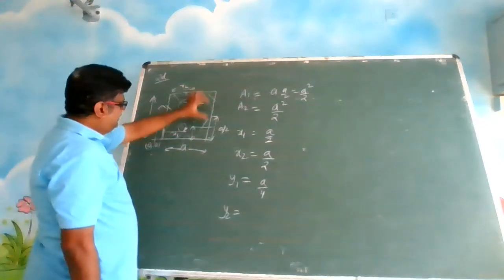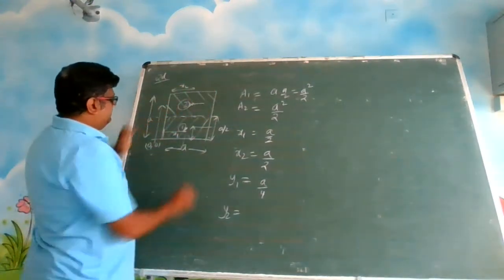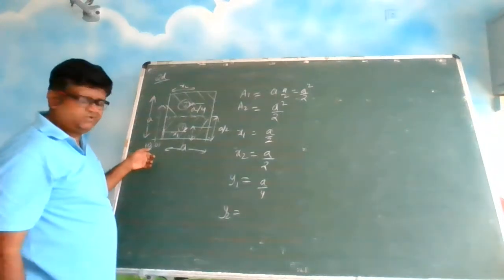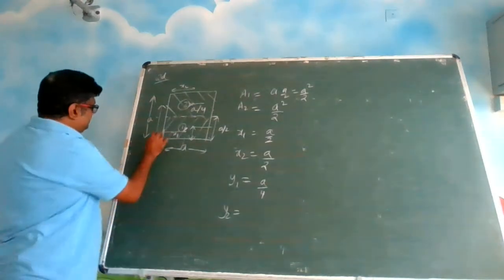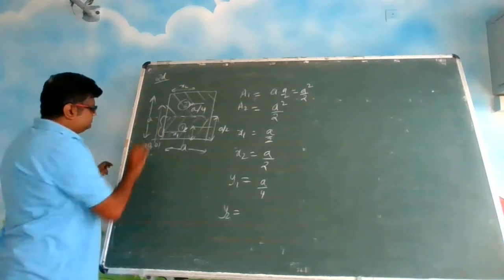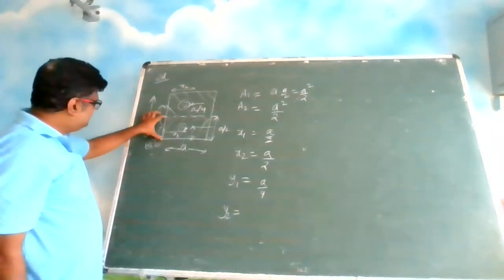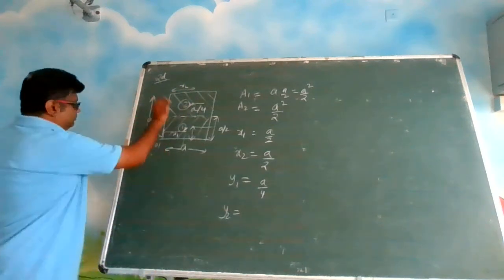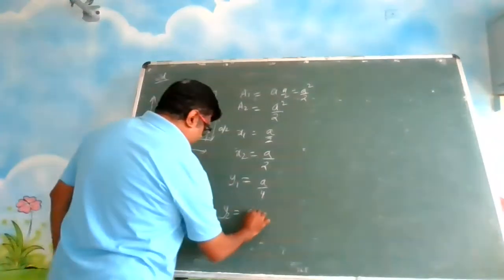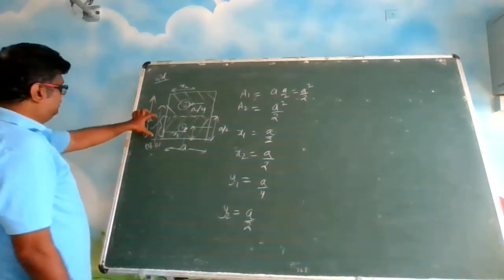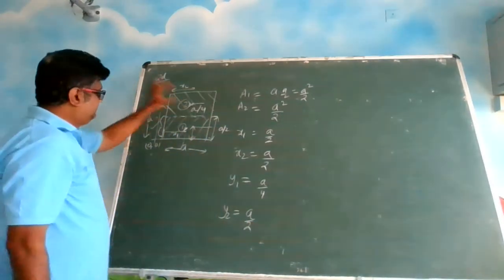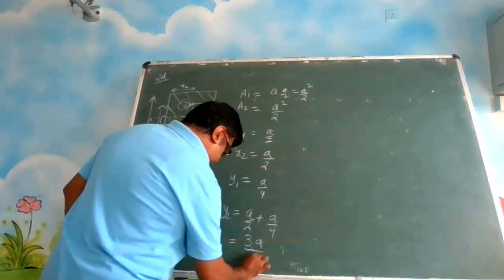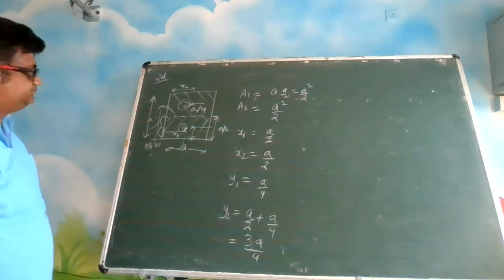So ये A by 2 है, ये A by 2 है, so this will be A by 4. लेकिन हम लोग मेजर कहाँ से कर रहे हैं? तो we are measuring from this point. So I need to add this distance also, right? I need to add this, then I will come to this point, which is this arrow mark. So y2 will be A by 2, this distance, plus A by 4. It is 3A by 4, right?